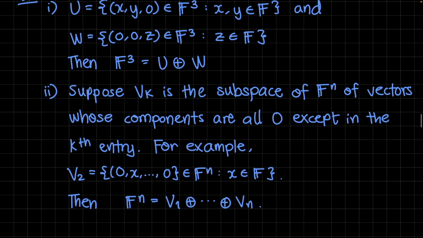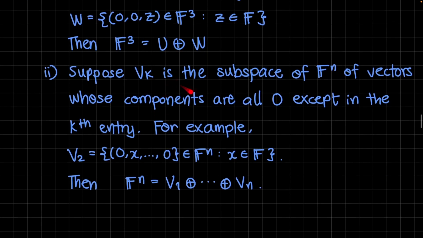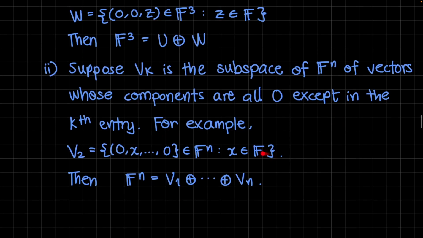The other direct sum we have is, suppose Vk is the subspace of Fn of vectors whose components are all zero except in the kth entry. So what that means is, for example, if you have V2, that means everything except the second entry is zero. So we have just the second entry which is non-zero, let's call that x.